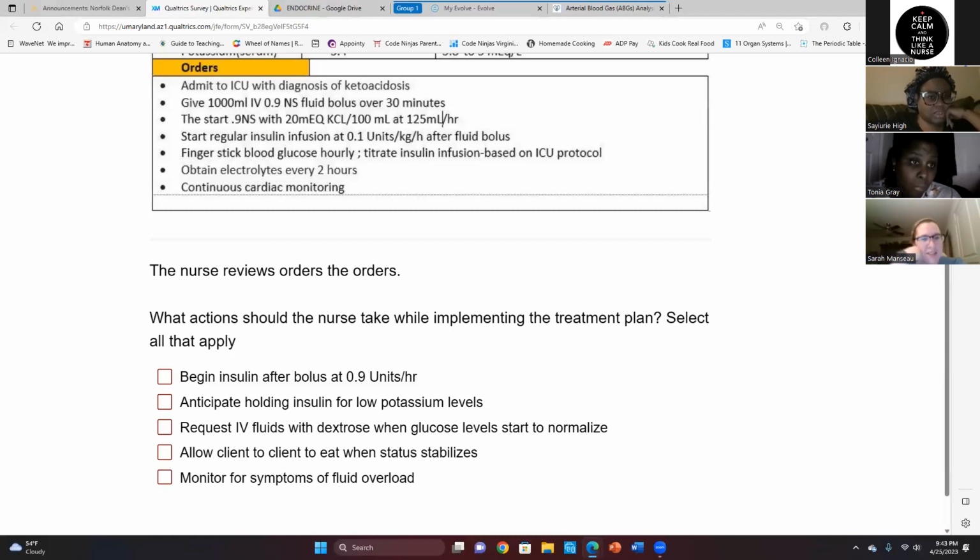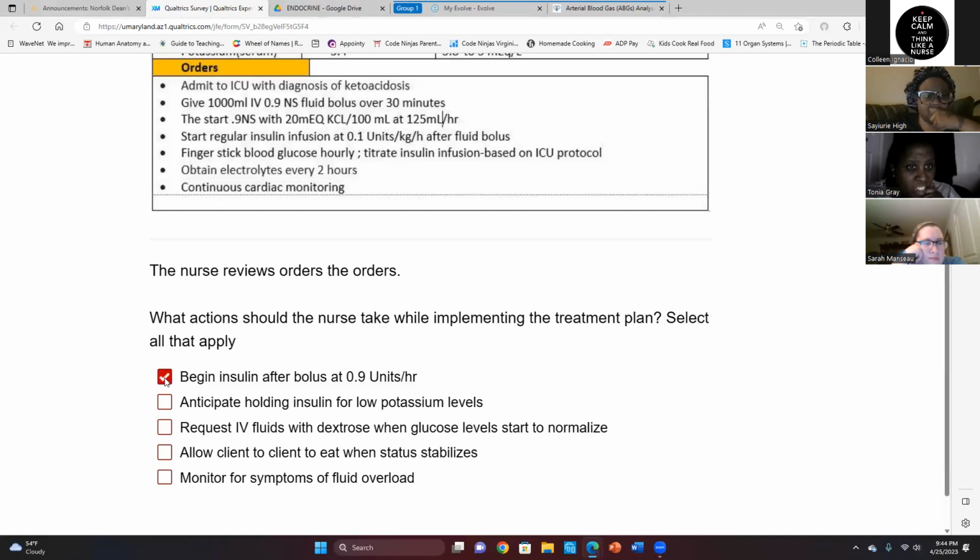Okay, then that explains it, then yes, we begin the insulin after the bolus at 0.9 units per hour. I would choose that. Start regular insulin infusion after bolus. Says it right there. And with all those fluids, I would definitely monitor for symptoms of fluid overload.